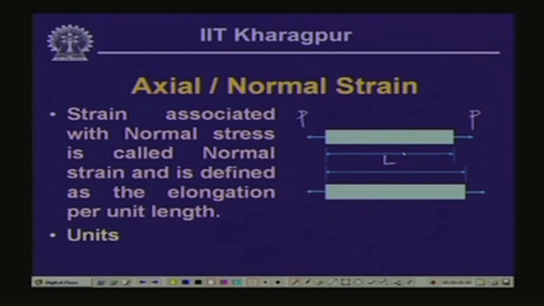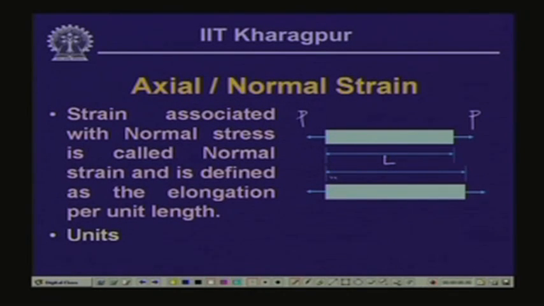Now, when a body is subjected to either change in the temperature or to forces, it undergoes deformation, and in strength of materials we are interested in looking into this deformation, and we try to define a quantity in terms of this deformation.